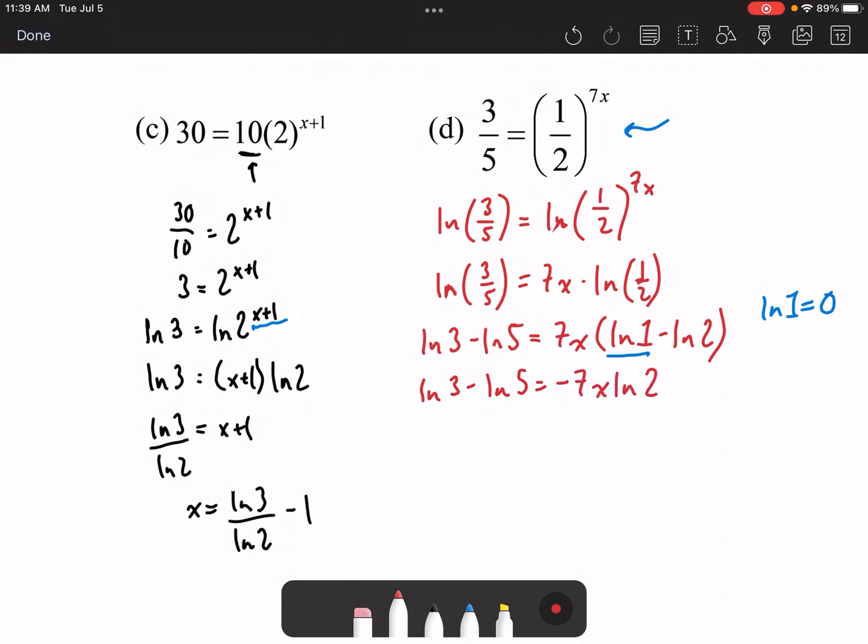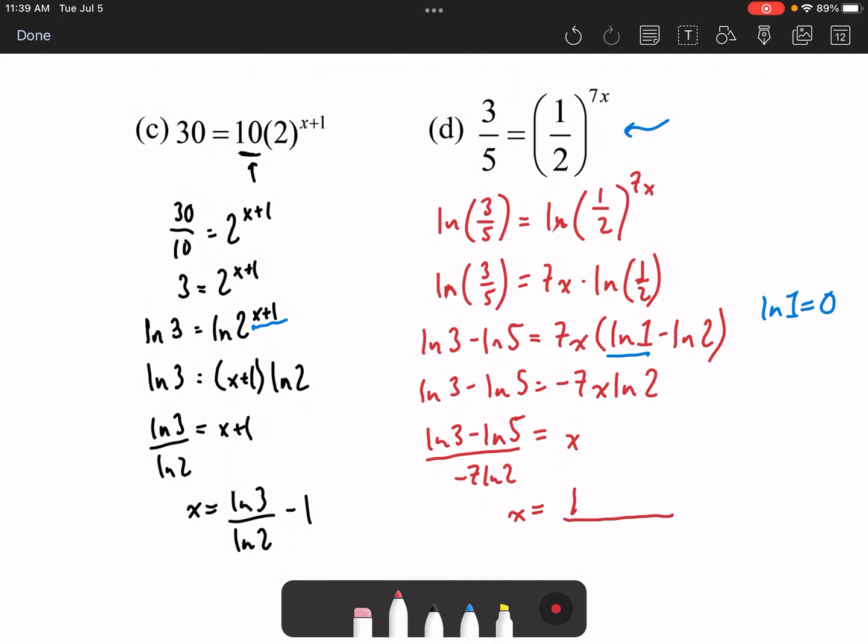So we get this expression now. Now to solve for x, all I have to do is divide by -7 ln 2 on both sides. And there's my value for x. Another possible option for a value of x, sometimes they try to get rid of that negative in the denominator.